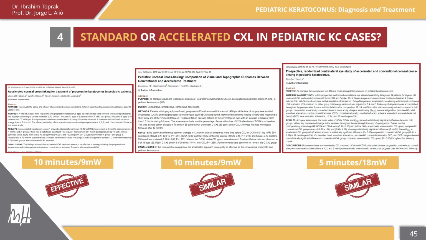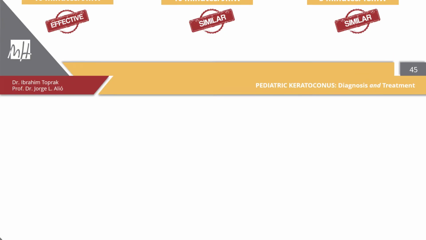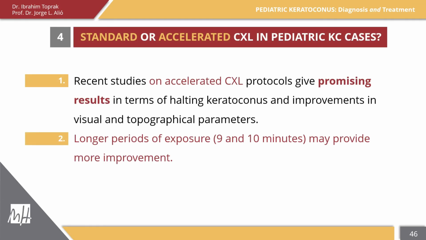These studies show that accelerated cross-linking protocols are effective and similar to the standard Dresden protocol. Briefly, recent studies on accelerated cross-linking protocols give promising results. But longer periods of exposure, such as 9 and 10 minutes, may provide more improvement according to these studies.